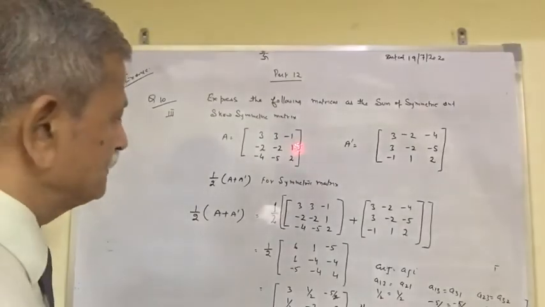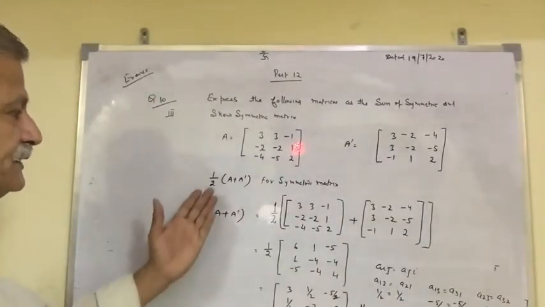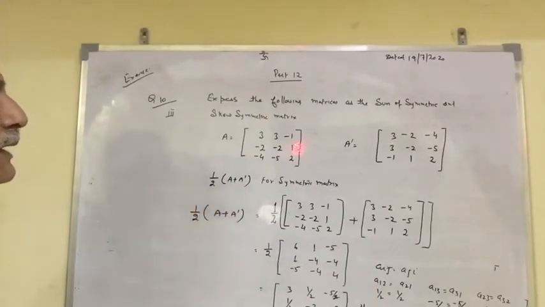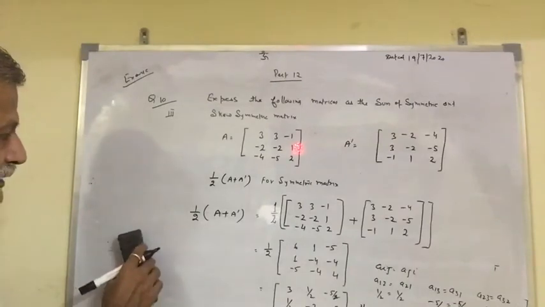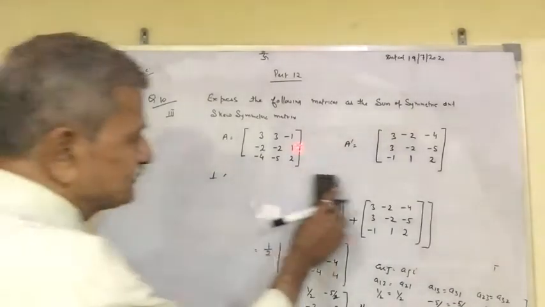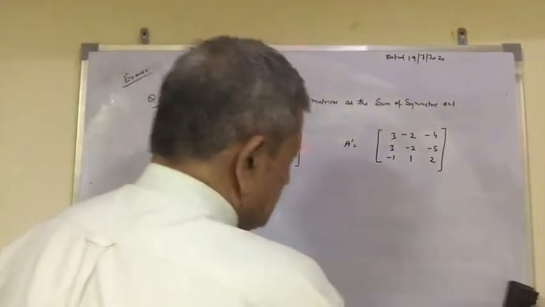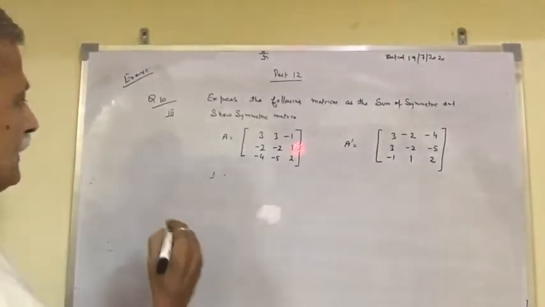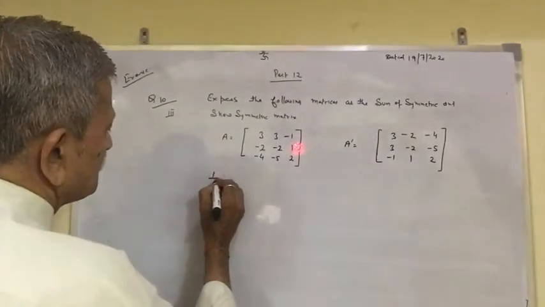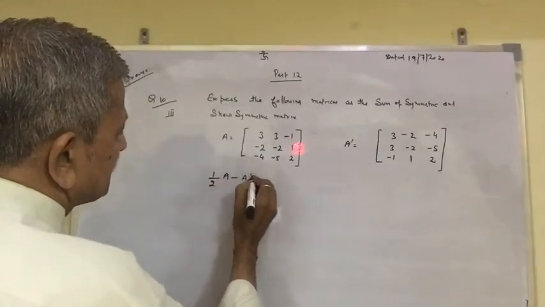We will continue with the second part, in which we prove that half of A minus A bar is a skew symmetric matrix. Now, we will go on to that part, see very carefully. In the second part, we have to calculate half of A minus A bar.